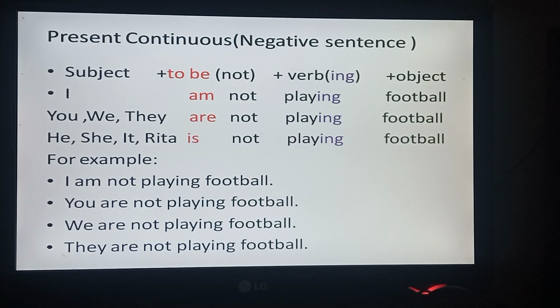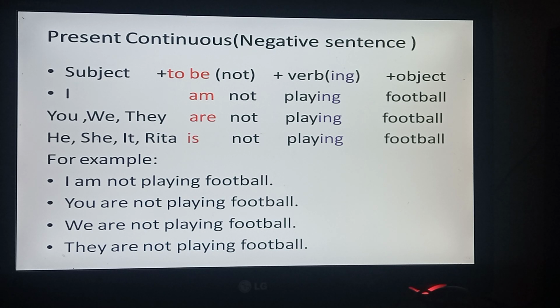So we are going to talk more about present continuous tense, that is, negative sentences. Subject, to be helping verb, not, plus verb with ing, plus object. We add the word not in between the helping verb and the verb to make the sentence negative.